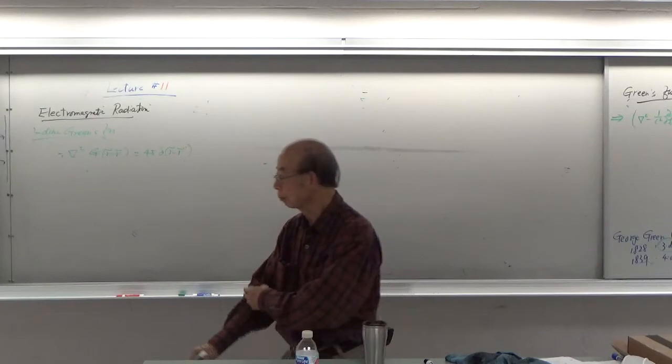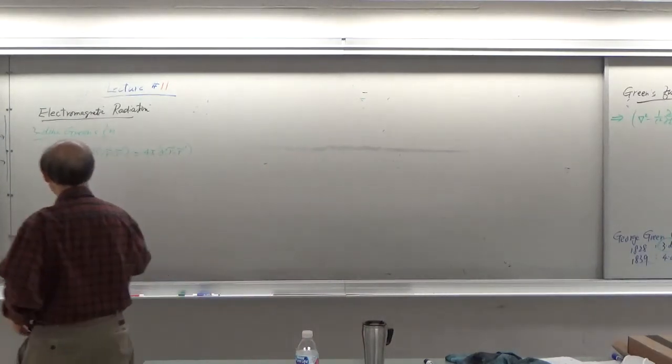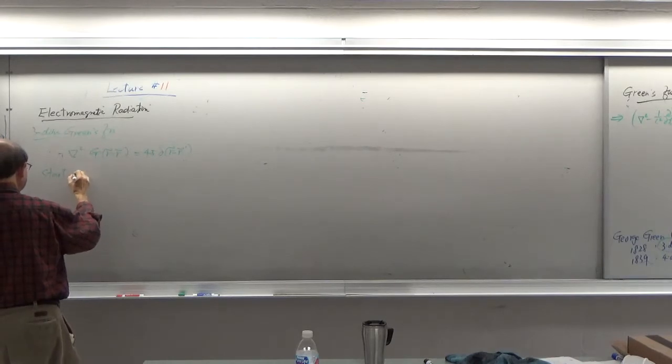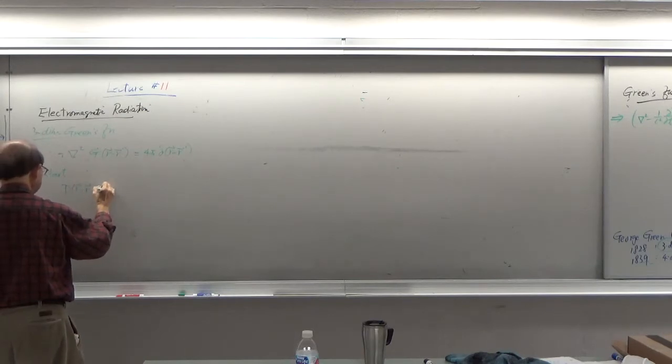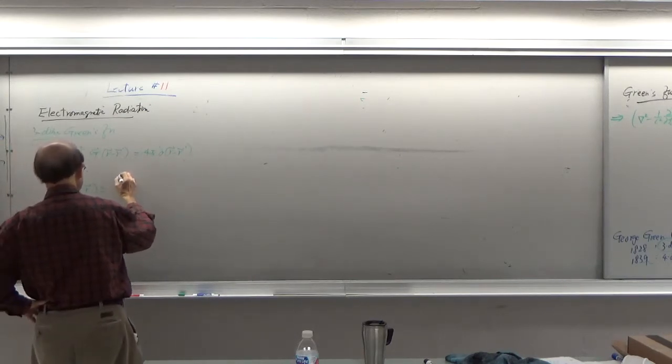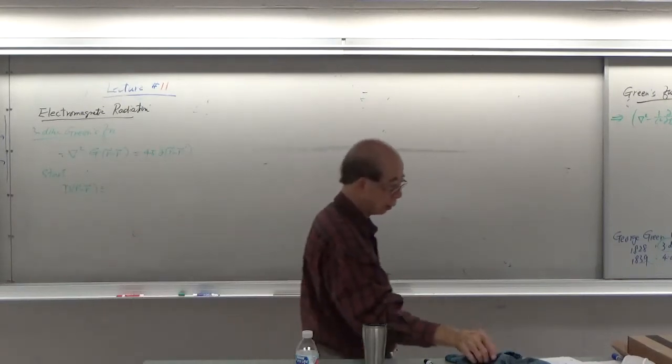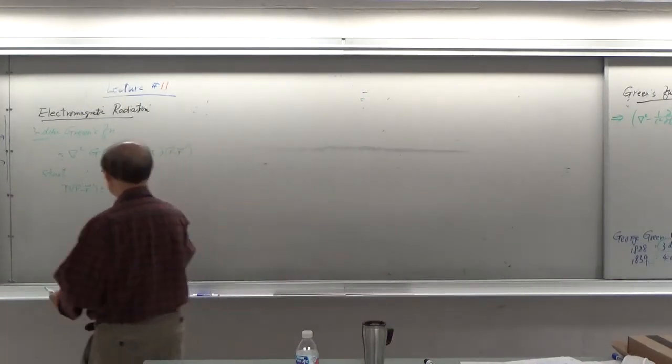To do that, let me start with a function which I will denote by capital D of r minus r prime. Let me do the one-dimensional case first, but then I will generalize to three dimensions right away.